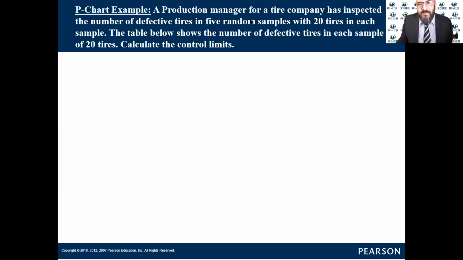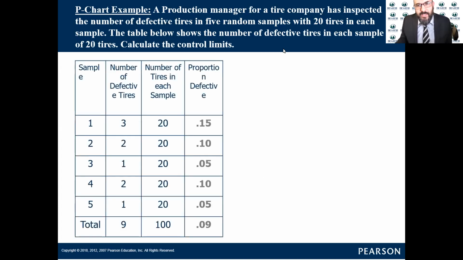A production manager for a tire company has inspected the number of defective tires in 5 random samples with 20 tires in each sample. The table below shows the number of defective tires in each sample of 20. Calculate the control limits. So sample number one, we inspected 20 of the tires.